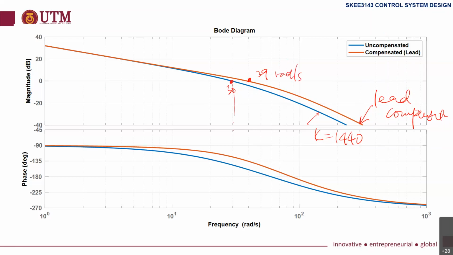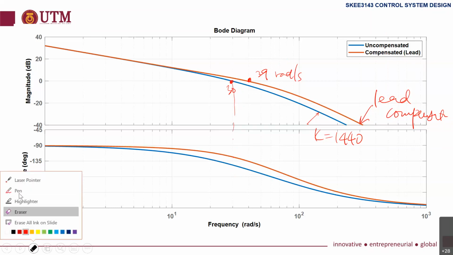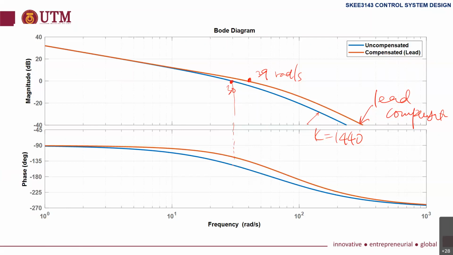And the phase margin was here, the blue one. Now, the phase margin increased to here. Not that accurate here.